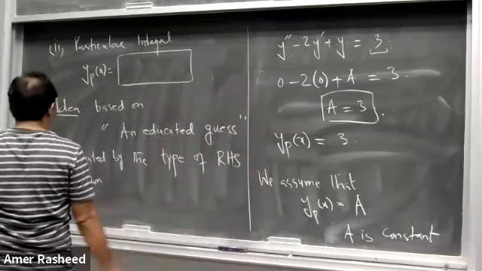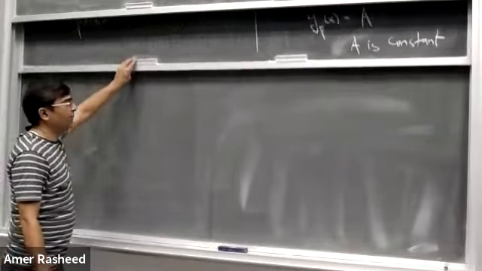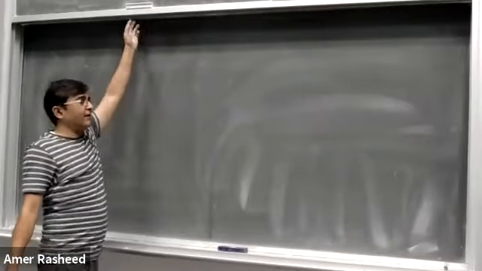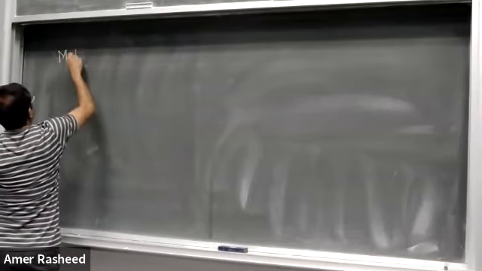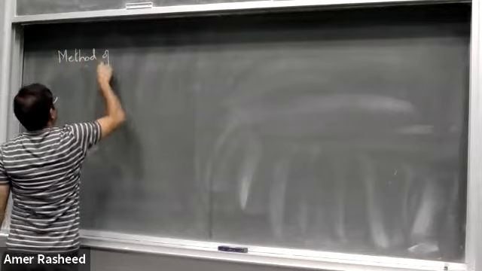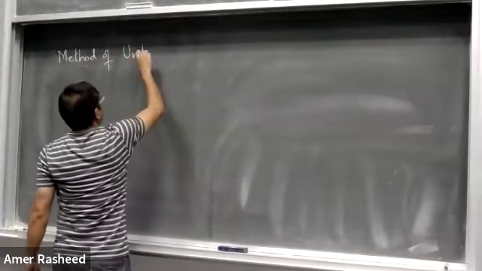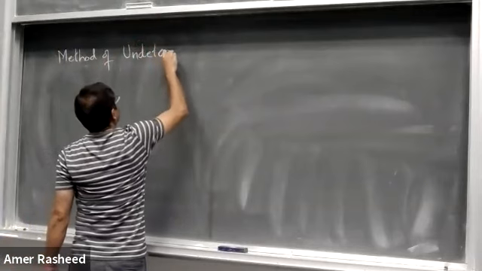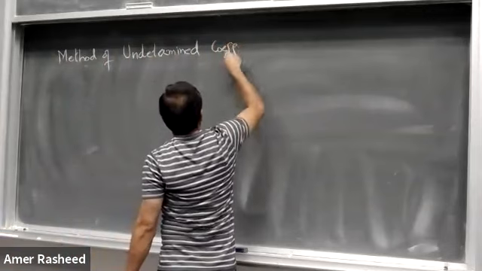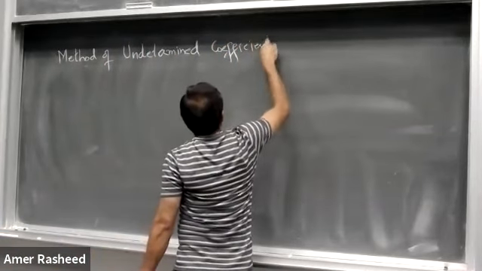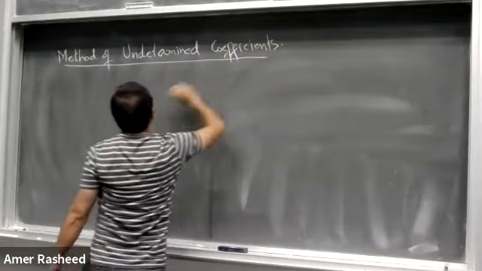This method for finding the particular integral is called method of undetermined coefficients.